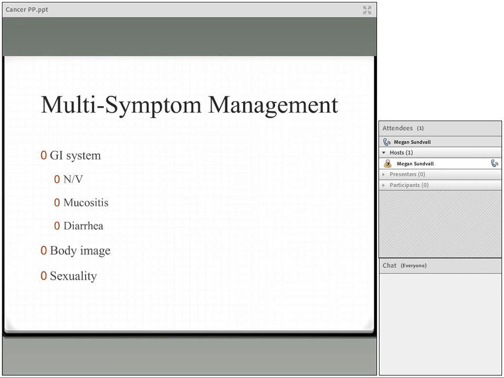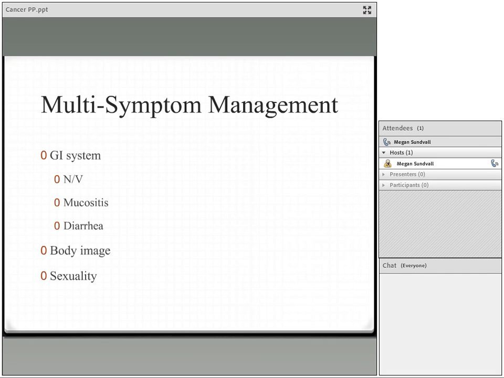Next is mucositis. This is inflammation or ulceration of the lining of the mouth, throat, and GI tract. It's associated most commonly with chemotherapy, but can also be the result of radiation. Really focus on good oral care, eating soft foods, different medications that can help, watching for infection, and decreasing the amount of acids.